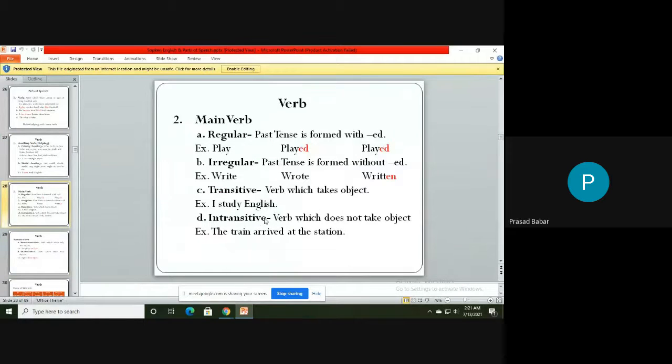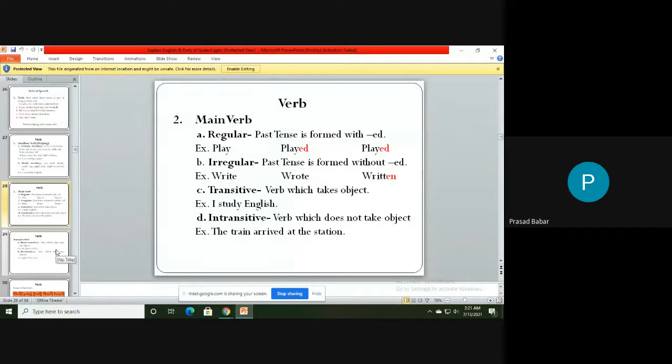Then comes the second type of verb, which is the main verb. In a sentence, an auxiliary verb and a main verb can come in combination, or they can come separately also.